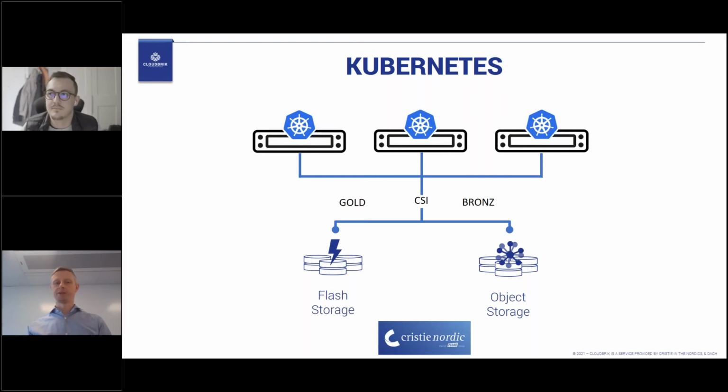Let's say databases that run in containers maybe want to have quick and fast storage like flash, but regular containers like stateless containers maybe only use object storage. And that means you can have a much more scalable and more SLA-driven Kubernetes environment by combining object storage with flash storage, for example.